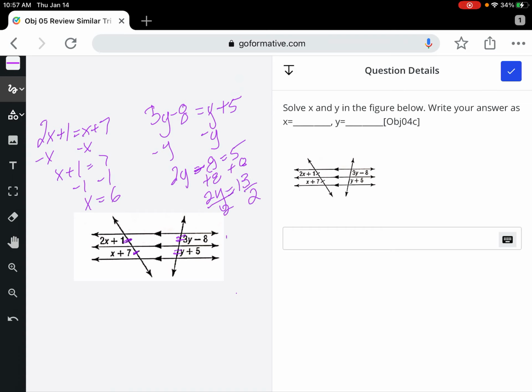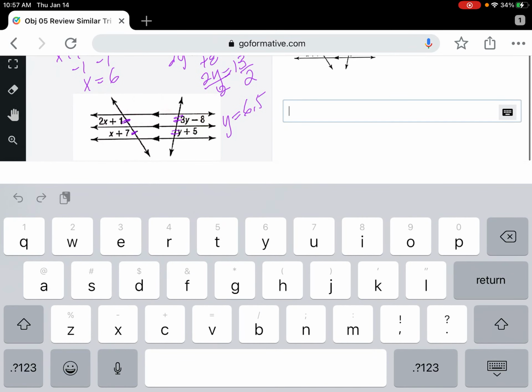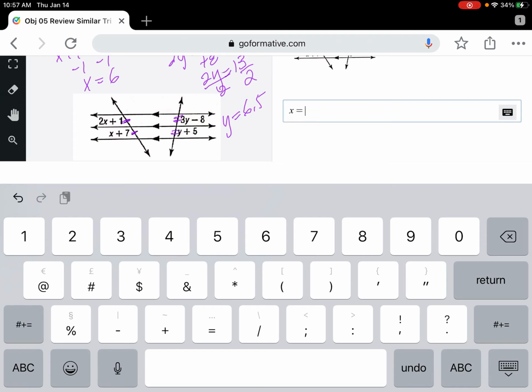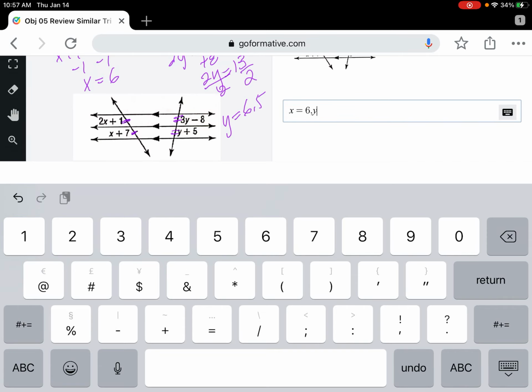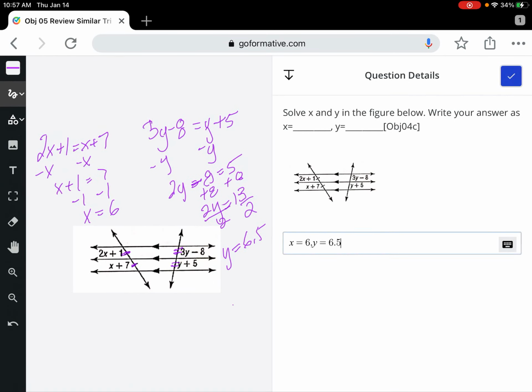When I divide by 2, y is equal to 6.5. And you're going to put your answers in. It's going to be x is equal to 6 and y is equal to 6.5.